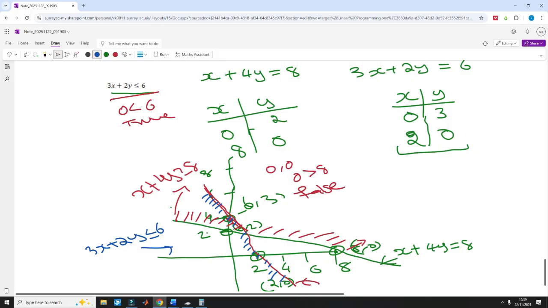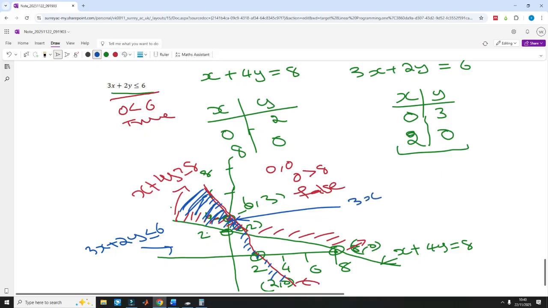And now we have to find the common region. These are the common regions where both the conditions, or both the constraints, meet.